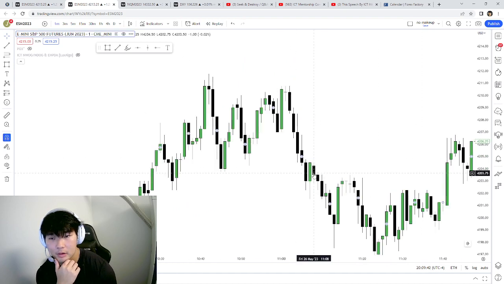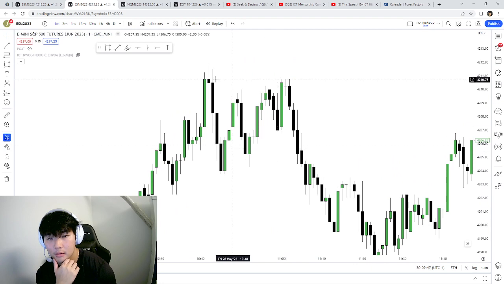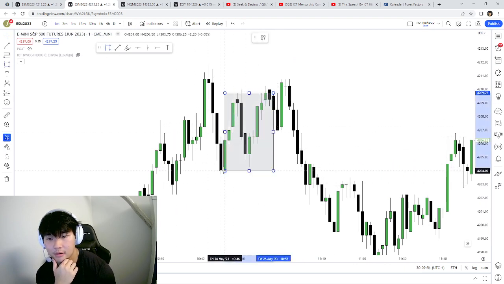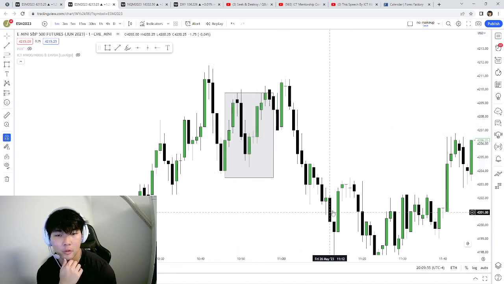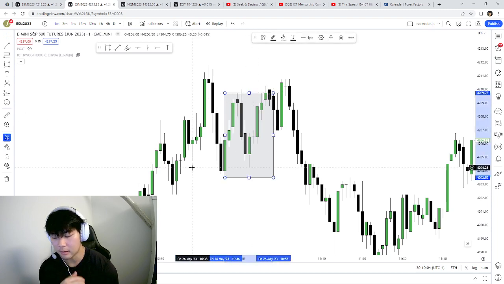So here I know a lot of people are looking to go short here, which is fine. This area right here is when the dollar started acting very weird, and they were almost correlating, the S&P and dollar. So whenever that happens, I know trades can go back in weird ways.